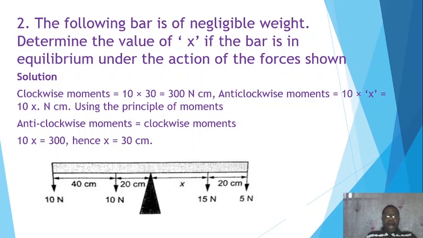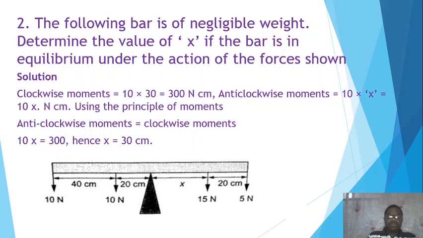Example 2. The following bar is of negligible weight. Determine the value of x if the bar is in equilibrium under the action of the forces shown below. When you look at the bar, we are not told the length of the bar. We just see that the bar is pivoted at a given point, and we have a system of forces acting on the bar.